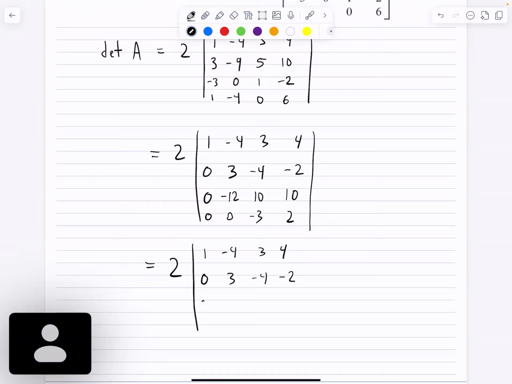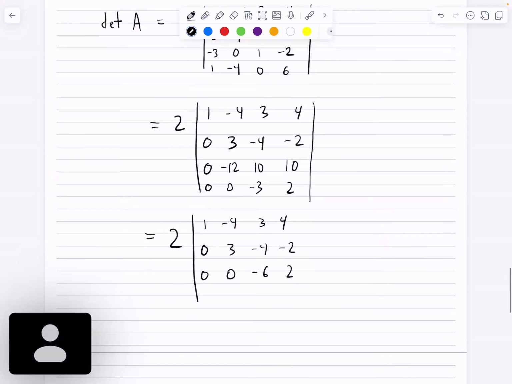And then adding 4 of that to the other one gives me a 0. 4 times -4 is -16, and adding that gives me a -6. And then 4 times -2 is -8, plus -2. And then 0, 0, -3, 2.